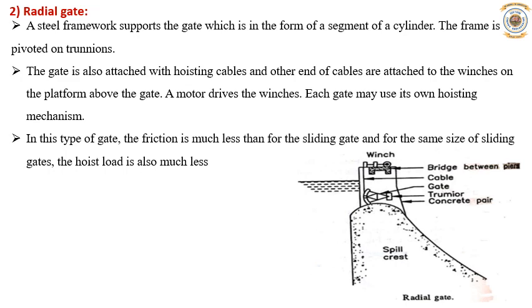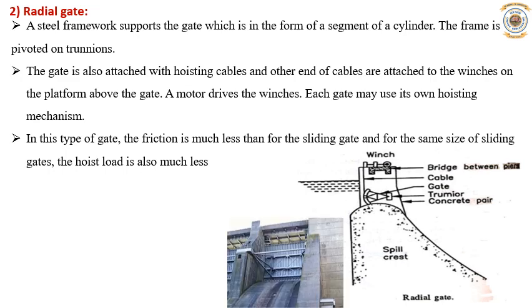The operation of this gate is much simpler and lighter. It is particularly lighter than the vertical gate, and the friction forces are much less compared to the vertical gate. For the same size of sliding gate, the hoist load is also much less. Okay, this is about the radial gate.